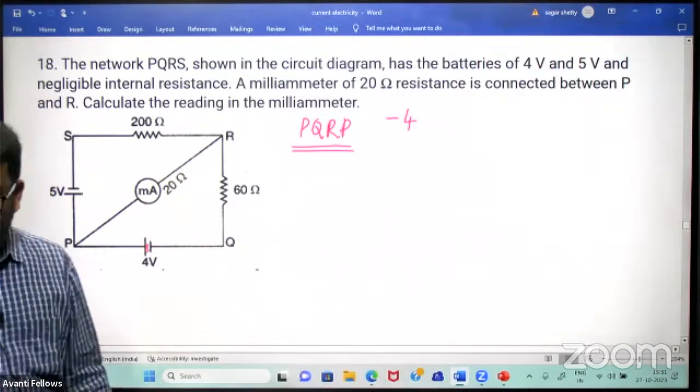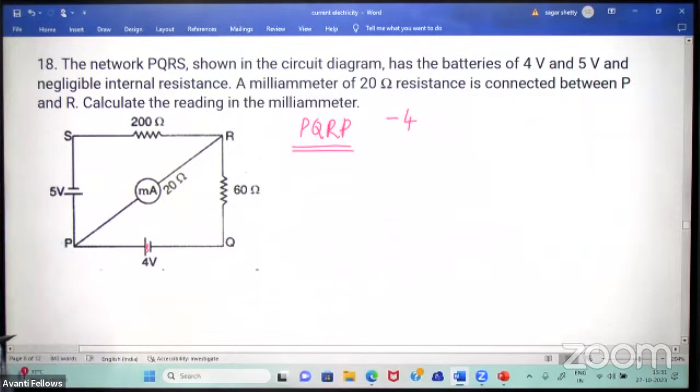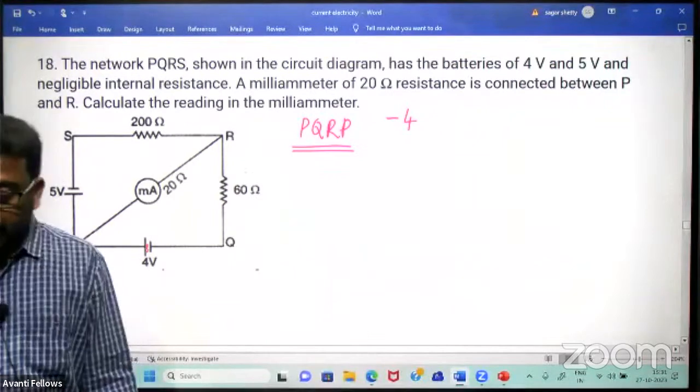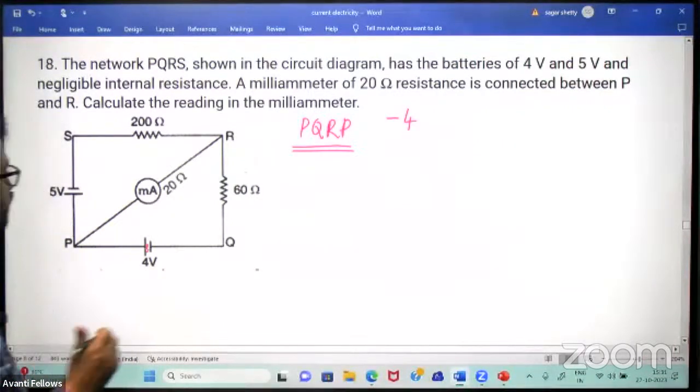So we have to mark the current also. This will be I minus I1.